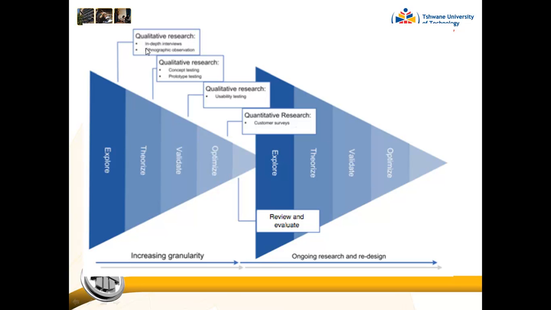So here you see in-depth interviews and ethnographic observation in the exploration phase. In the theorization phase, we have concept testing and prototype testing. In the validation phase, we have usability testing, and then in the quantitative research, we have the customer surveys.